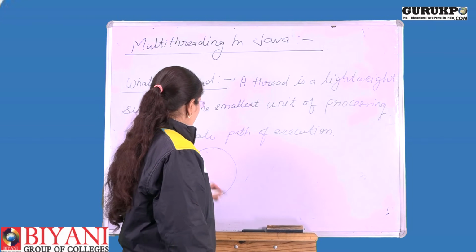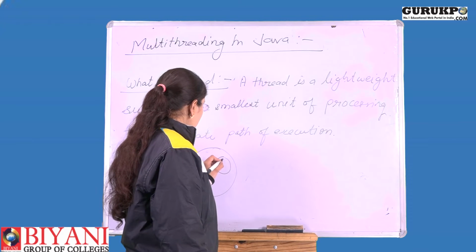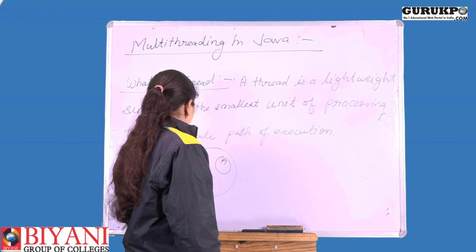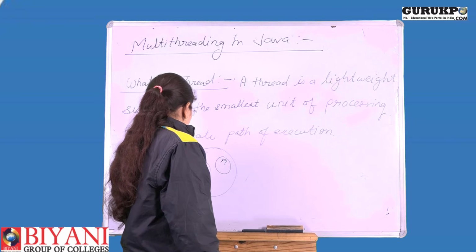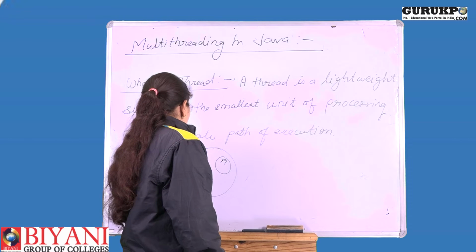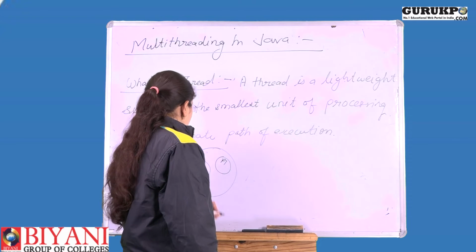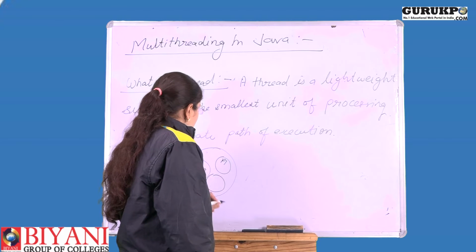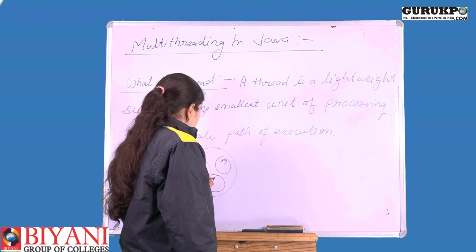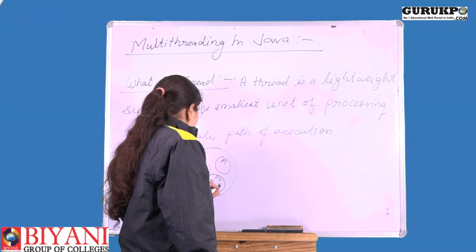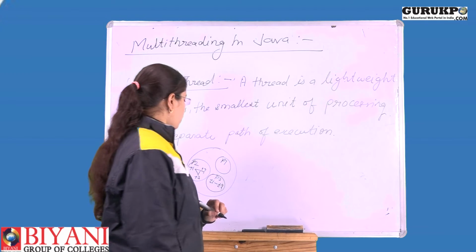For example, here P1 process, P2 process, and P3 process. P2 is divided into T1 thread, T2 thread and T3 thread. These threads combined complete the P2 process, and this is the P3 process in which we have 2 threads T1 and T2.